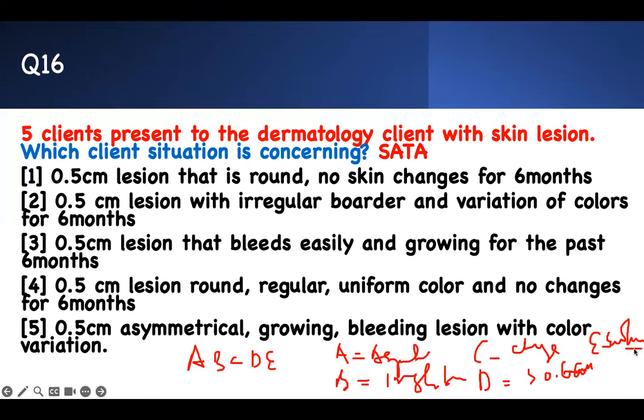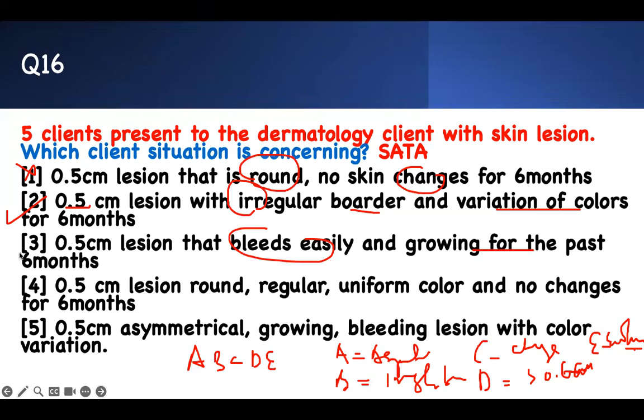The thing is changing. So a 0.5 centimeter lesion that is round, uniform, no skin changes for 6 months. No, don't worry about it. It's 0.5, a small lesion, but it's irregular, right? You don't have to have all these 5. Even one of them is important. Irregular border and variation of color change for 6 months. I'm worried about it. 0.5 lesion, it bleeds easily and is growing.